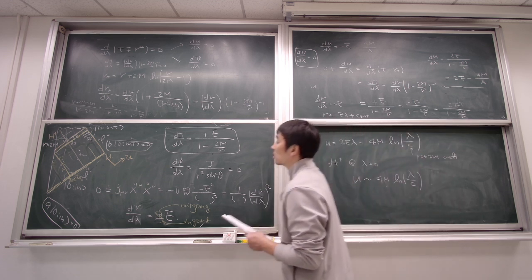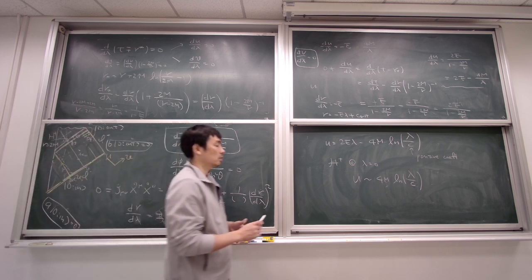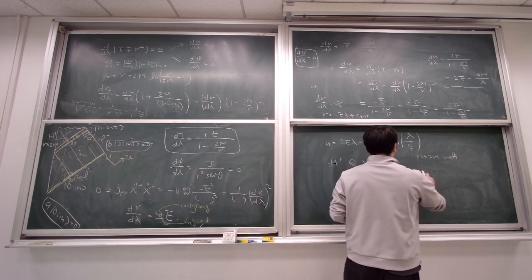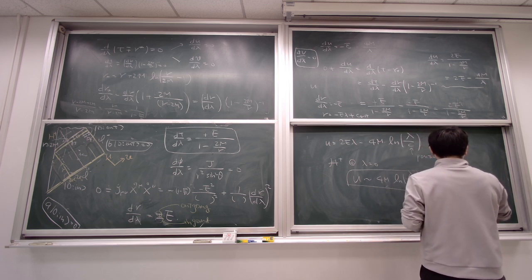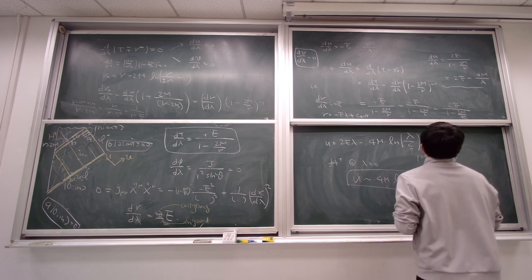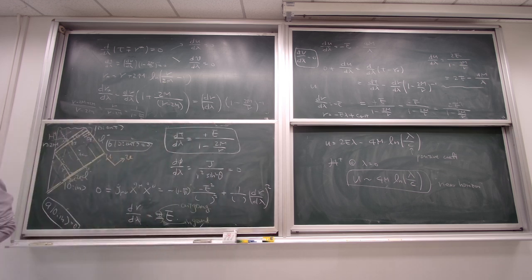So from here you can get the relation between u and lambda near the horizon.